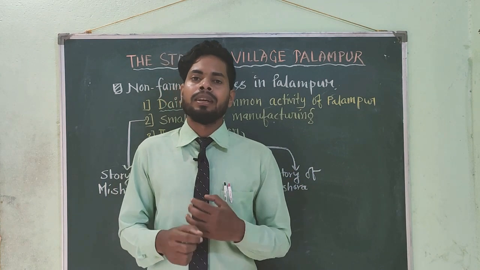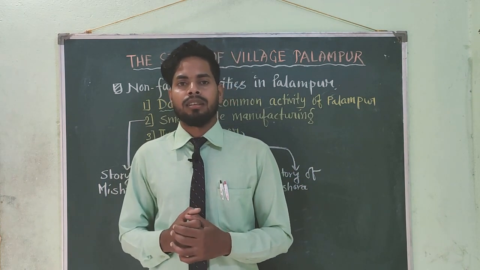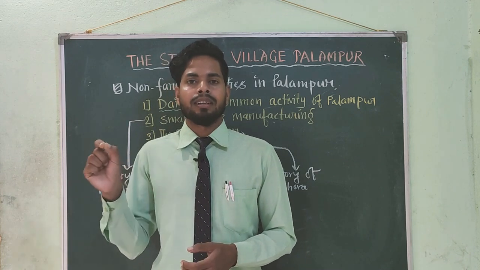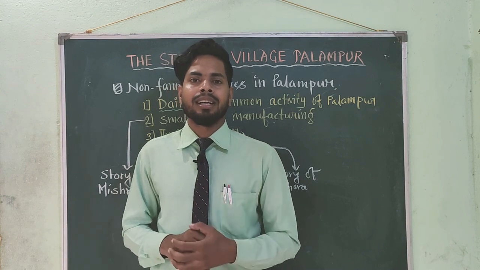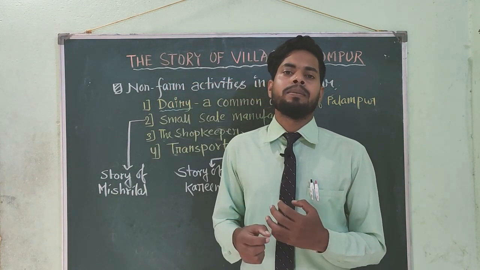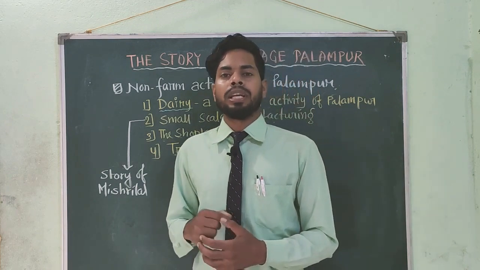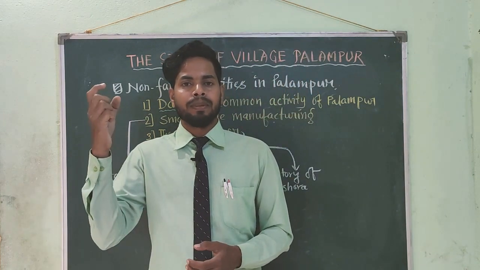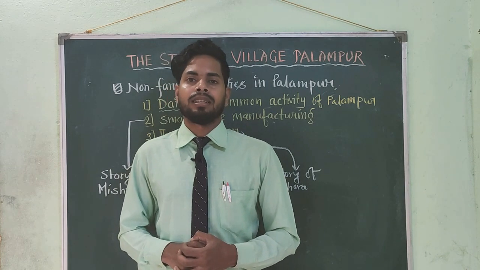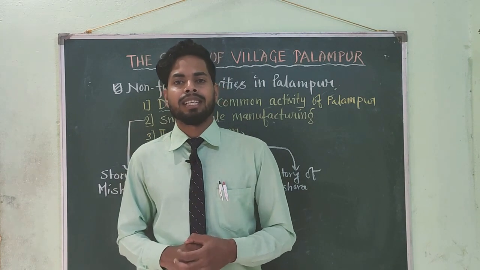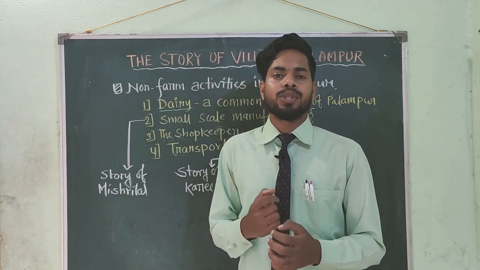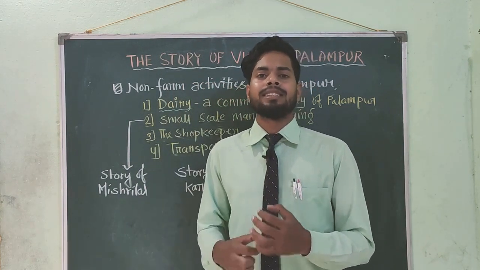Sometimes in a week he goes to the river Ganga to bring clay for pottery, and sometimes his transport is used to bring daily materials from the nearest town and cities. In this way Kishora improved his income.